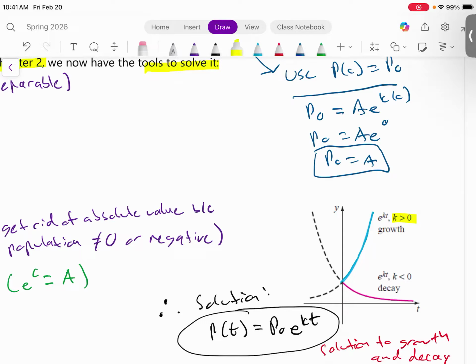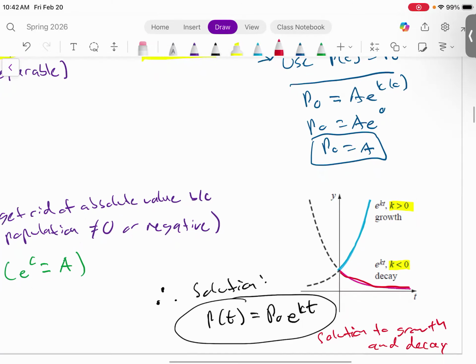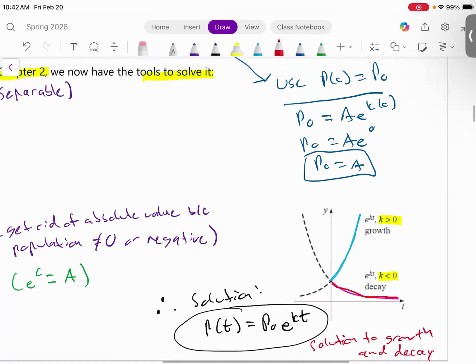And if our proportionality constant is negative, that means we are decaying. So that's just the setup with this model. Think about it intuitively, but the great thing is, like I said, this is always our solution and we can move forward with that. You don't always have to find it again.